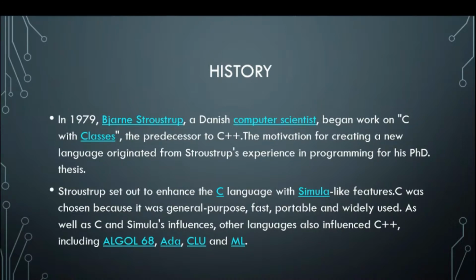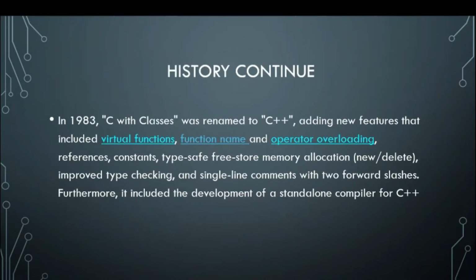He influenced it with similar languages like Algol 68, Ada, CLU and ML. In 1983, the C language was renamed to C++, following the increment sign, which is a double plus.